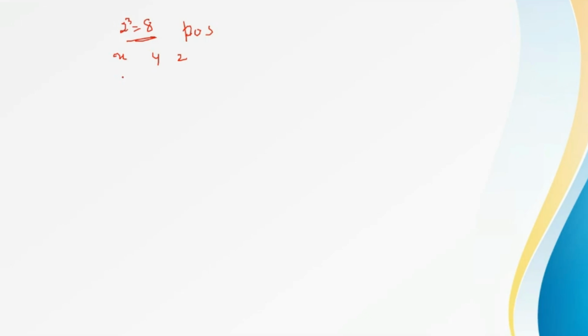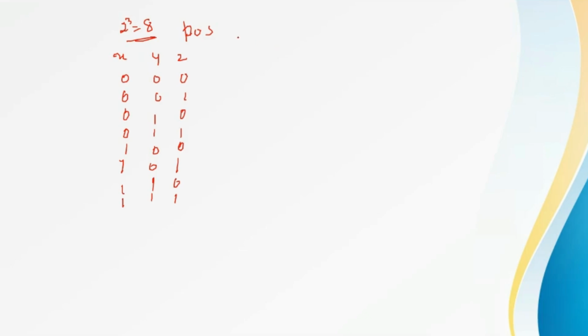So we have to take all the combinations first. So I'll just take this. And then 0, 0, 0, 1, 0, 1.